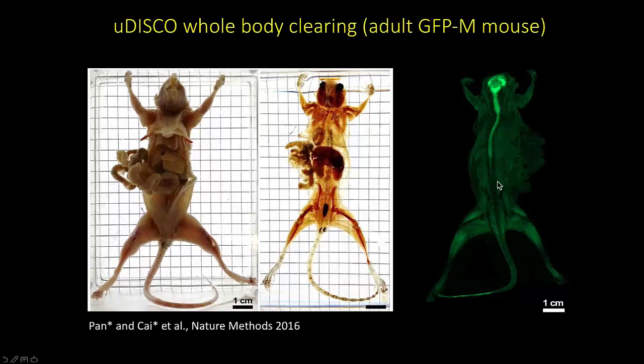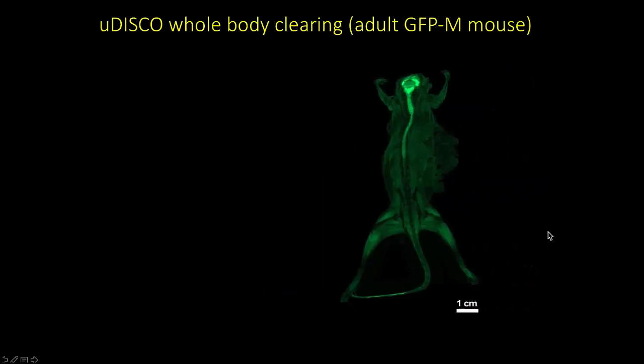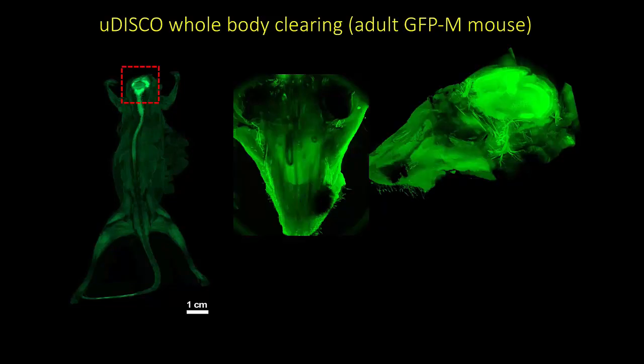So now we will look in more detail using a light sheet microscope. We take this animal intact after whole body clearing with uDISCO. First the head, and the bones are intact here.